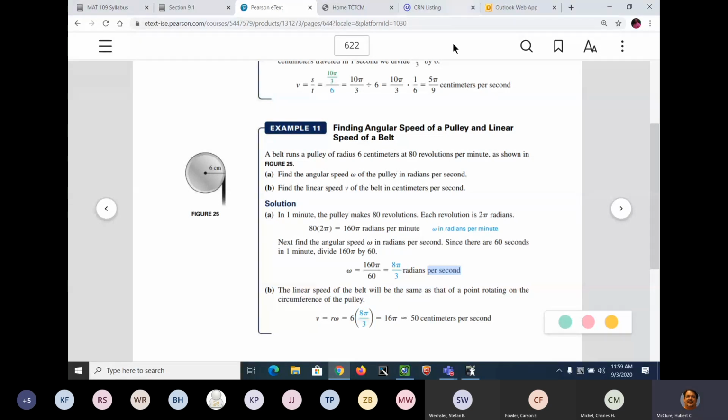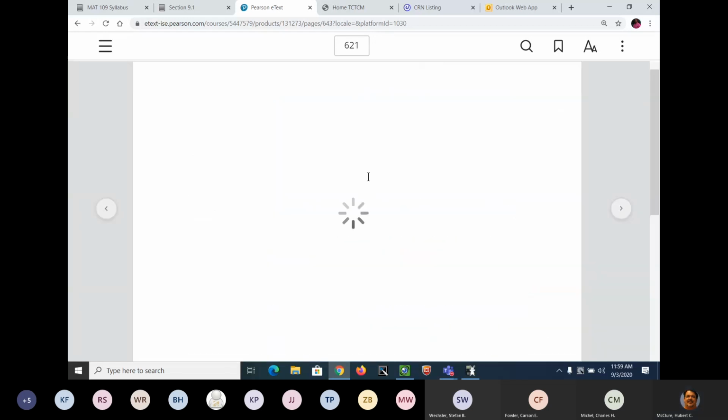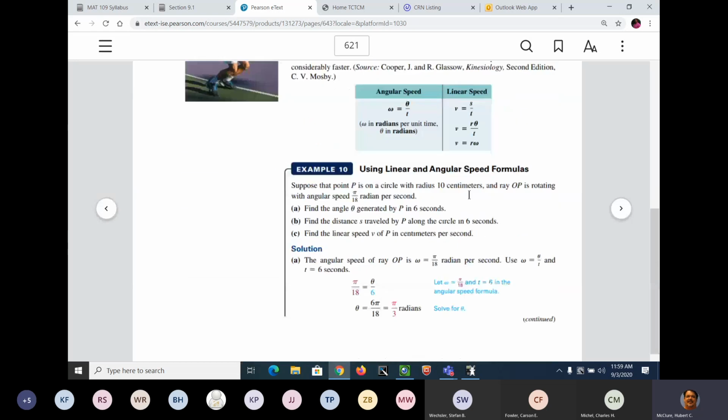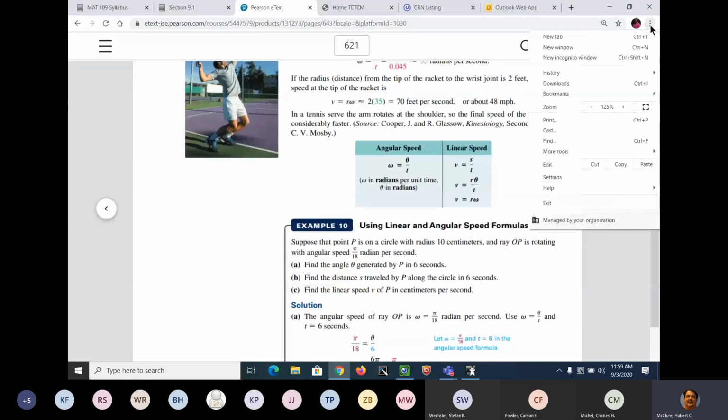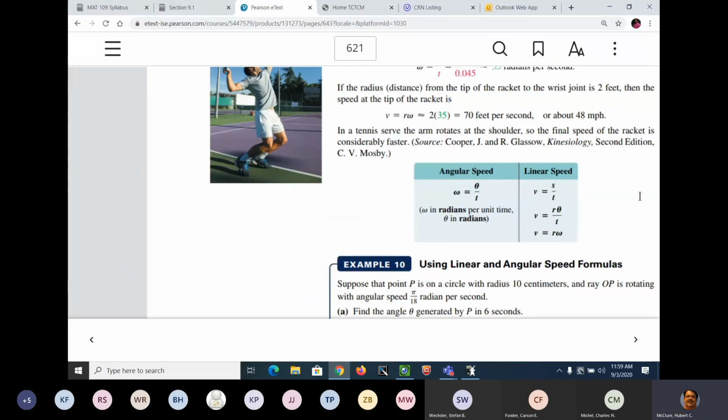So you got to write down these, I forgot about angular. Go ahead and write down those also. So you got 4 formulas that you might want to be aware of. There you go.